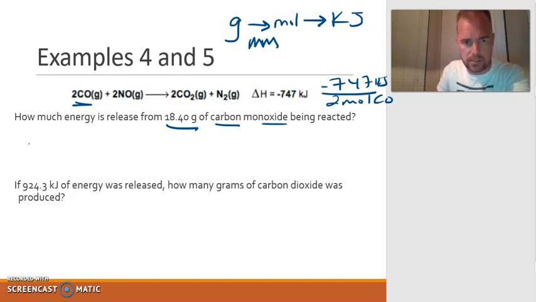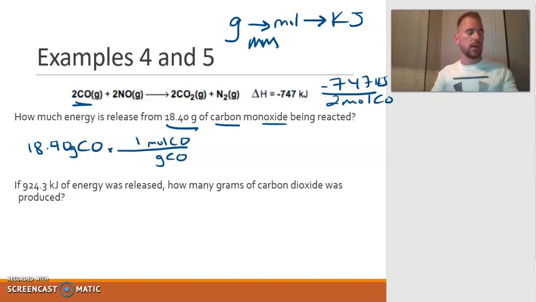So down here, let's set it up. 18.40 grams of carbon monoxide. First thing I need to do is convert that from grams of carbon monoxide to moles. Let's see, carbon's 12.01, oxygen 16. Molar mass of carbon monoxide is approximately 28.01.